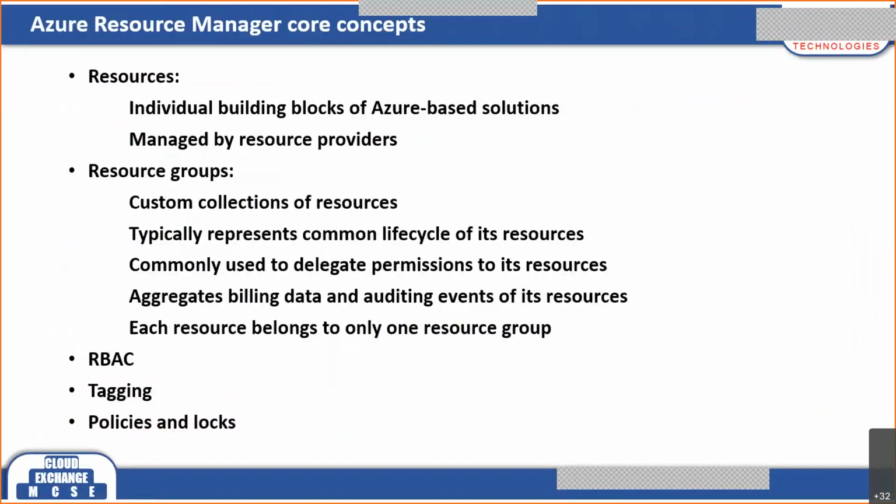Means as an administrator, you can decide in my resource group how many resources we need, and typically represent common life cycle of IT resources, guys. What this life cycle is I will show you, guys. Then commonly used to delegate the permission to its resources. Just now I have said that, guys, we can give the rights to our administrators to manage these resources.